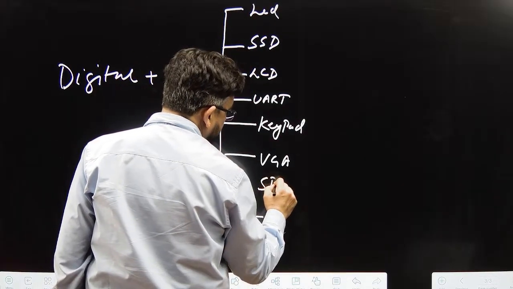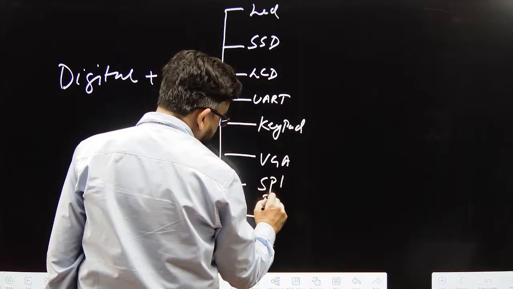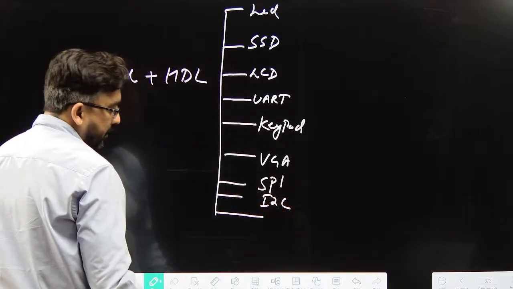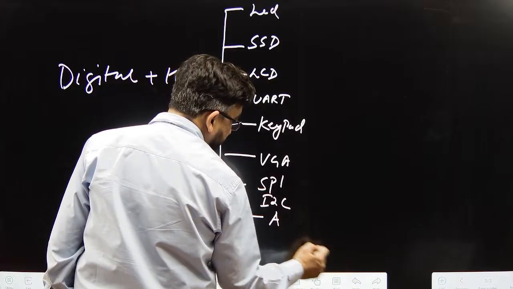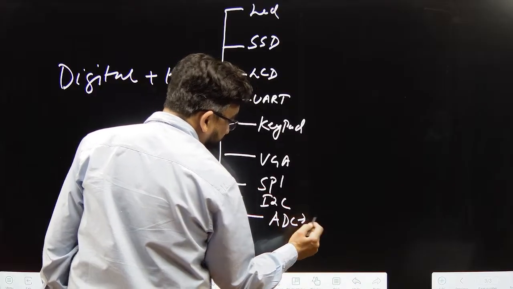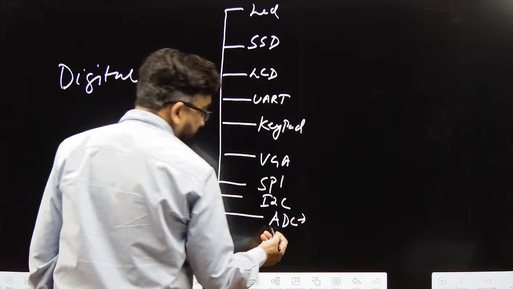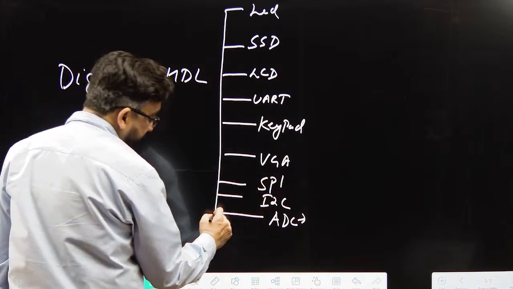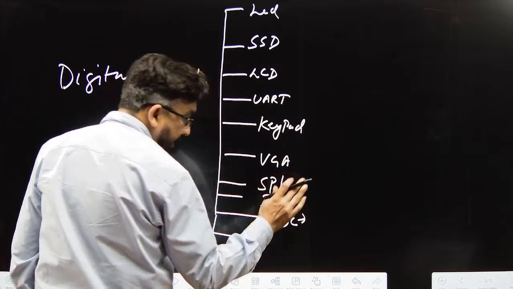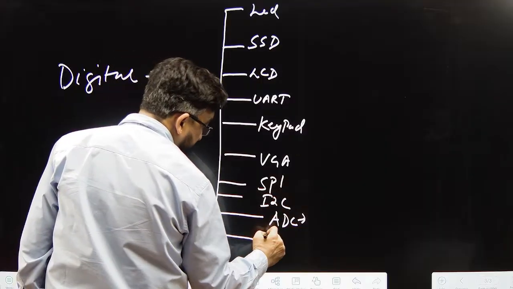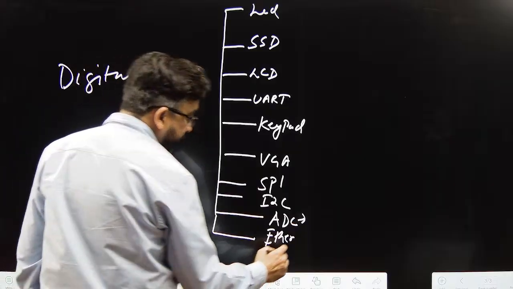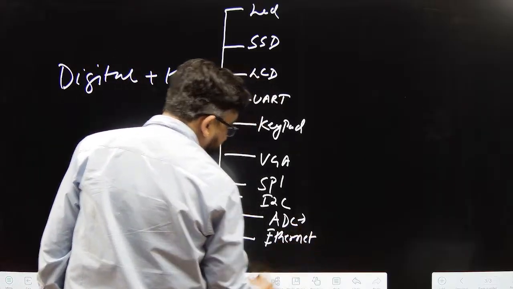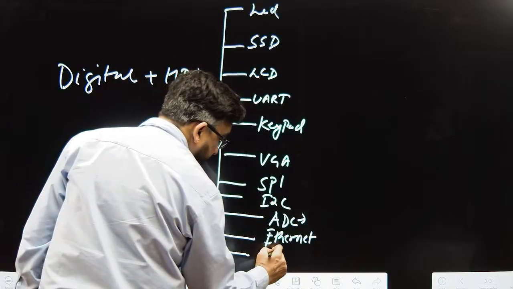SPI, I2C, and ADC, the inbuilt ADC inside the FPGA, to make a temperature sensor. Then you have very advanced Ethernet, very advanced code. How to use the RJ45, that is the Ethernet port, and USB.